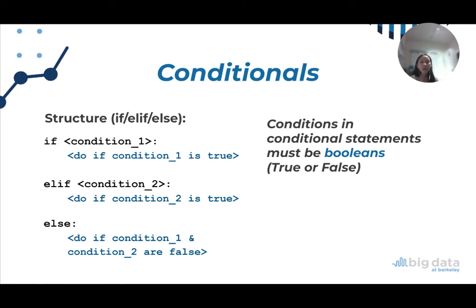The key piece of information here is that there is always an if condition and then a set of instructions. That is always necessary in these conditionals. And it's important to note also that the conditions in these conditional statements must be Boolean, so true or false. So if I am hungry is either true or false.